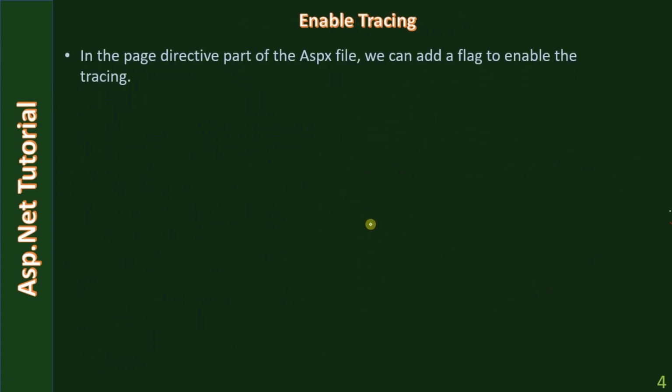In the page directive part of the ASP file, we can add a flag to enable the tracing. It's a simple flag, and you can see here: trace equal to true. Just by setting this in the page directive, we are stating that we enabled tracing.